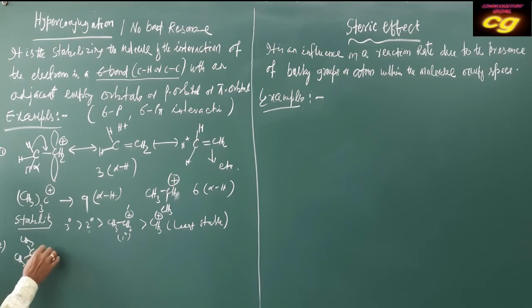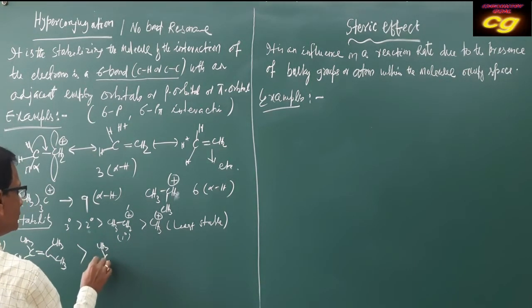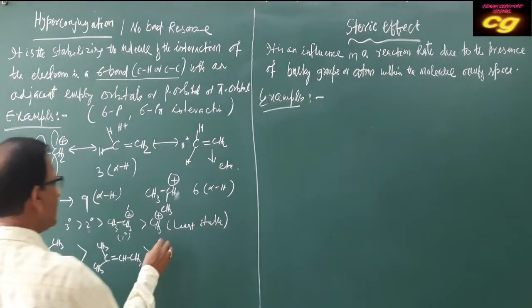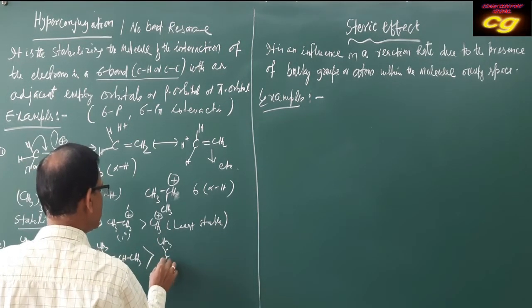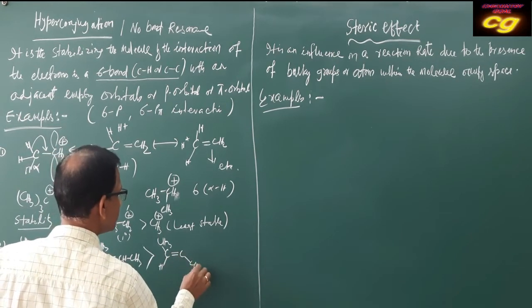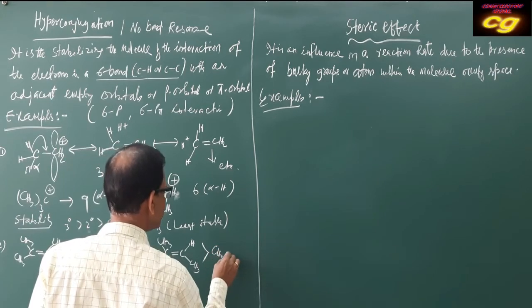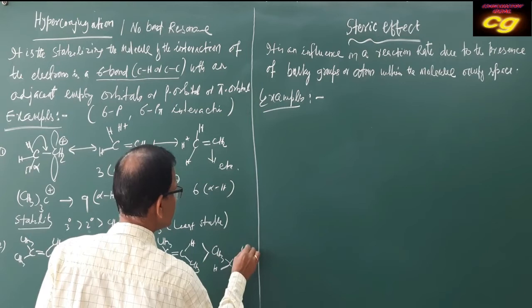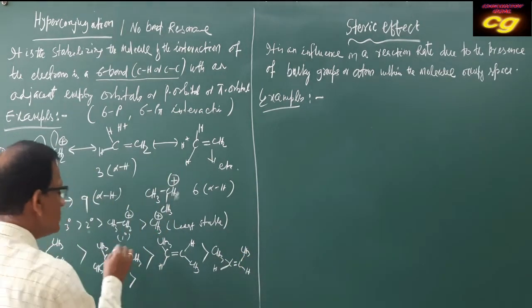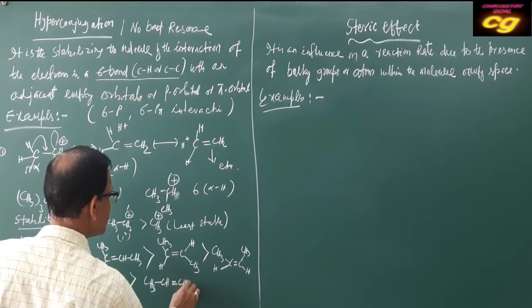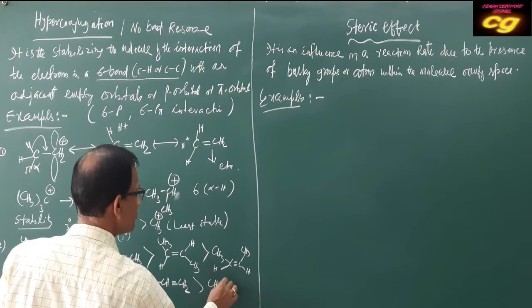If you see the more substituted alkene, this alkene is more stable than this alkene, which is more stable than trans alkene, which is more stable than cis alkene, which is more stable than the 1-methyl alkene, which is more stable than CH2 double bond CH2.